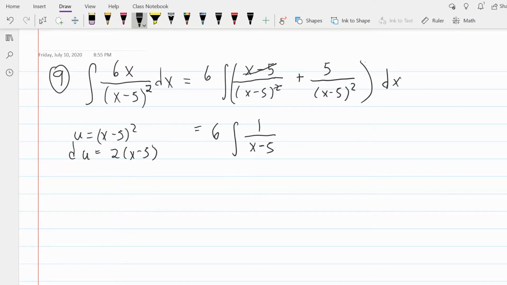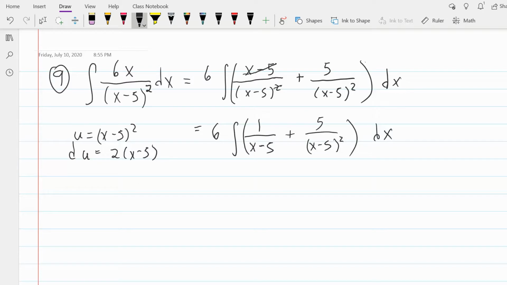See, that first problem changed completely because I was able to cancel something out. Plus 5 over (x minus 5) squared dx.